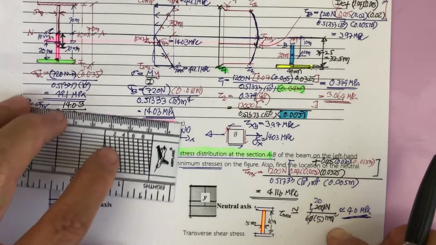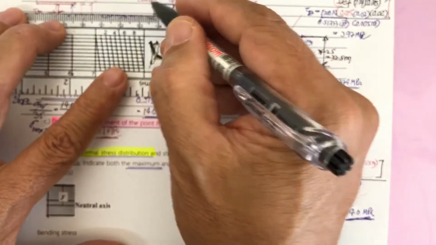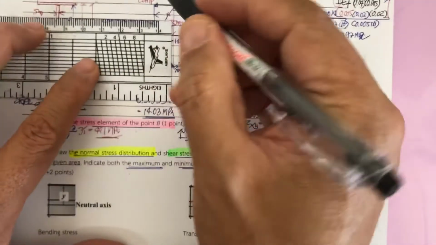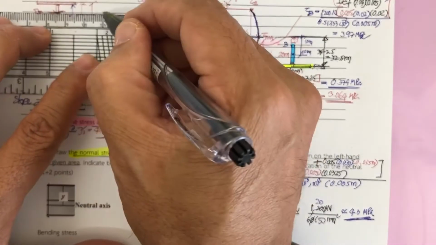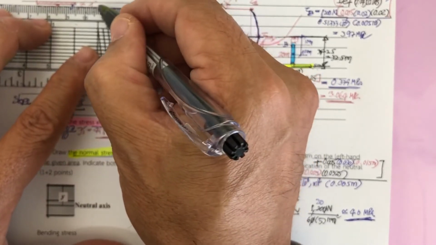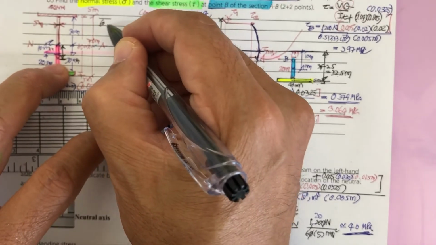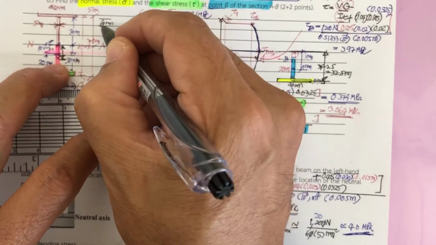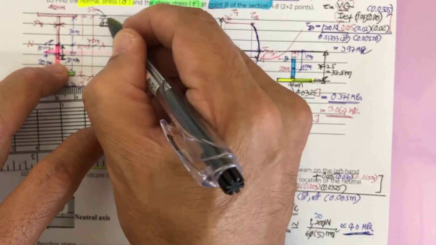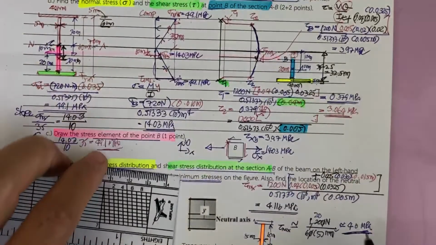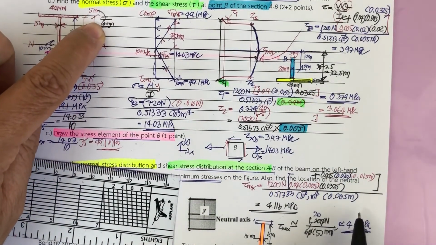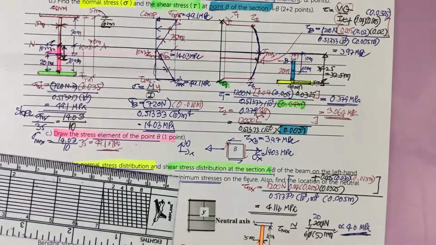For example, at this point, let's say if this one is going to be 10 millimeter, okay, and this is 5 millimeter, what is going to be the stress element here? That is for your quick assignment.